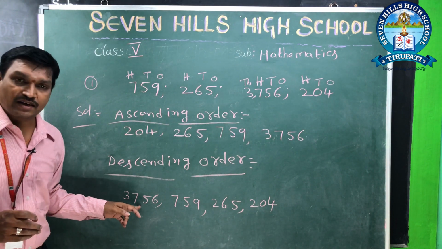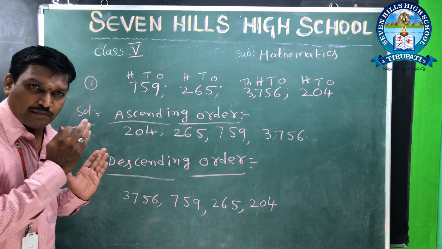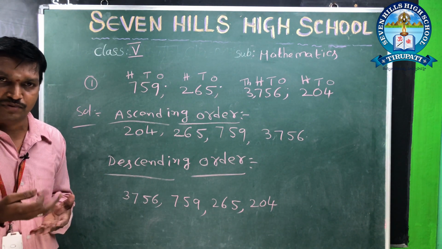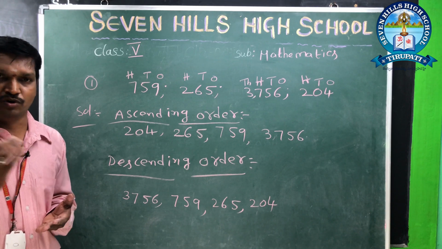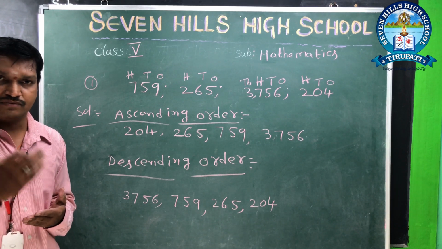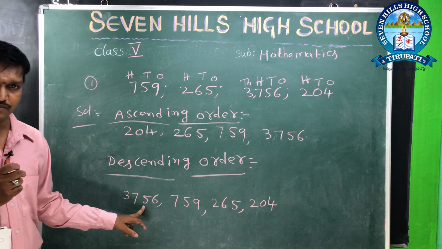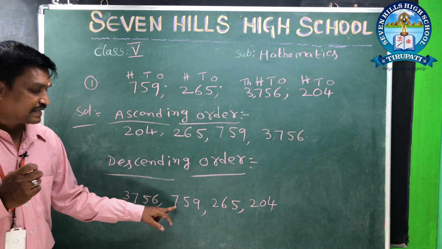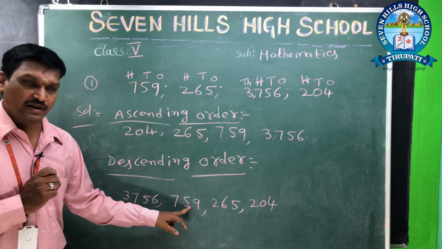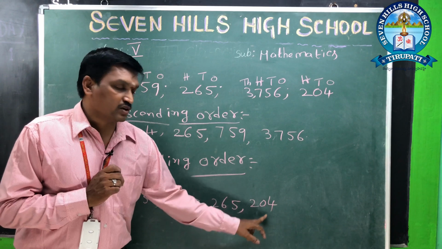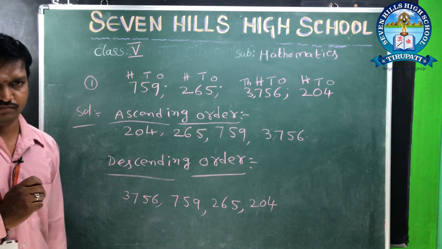So what does descending order mean, students? Biggest number to smallest number. That is the process of descending order. Here 3756 is the biggest number, next 759, then 265, and next 204.